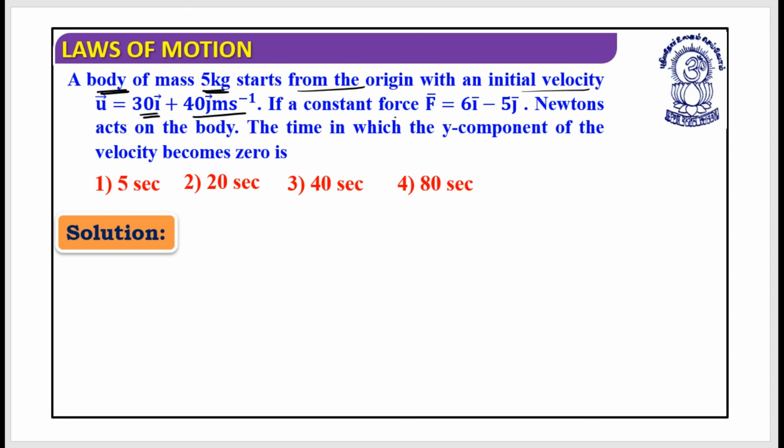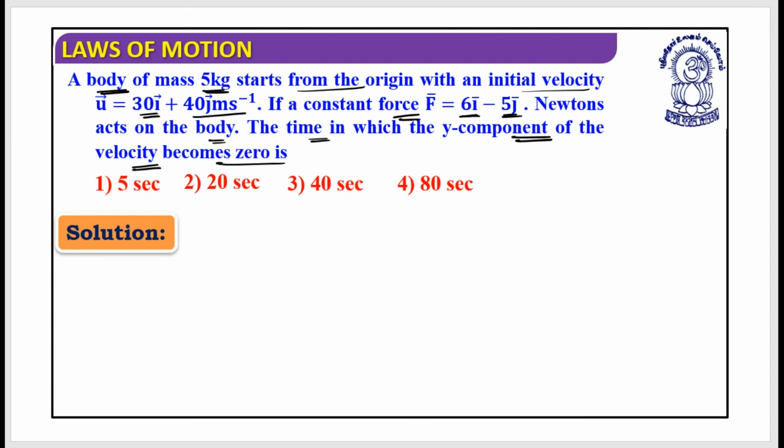If a constant force F, that is 6i minus 5j Newton, acts on the body, then find the time in which the y component of the velocity becomes 0.